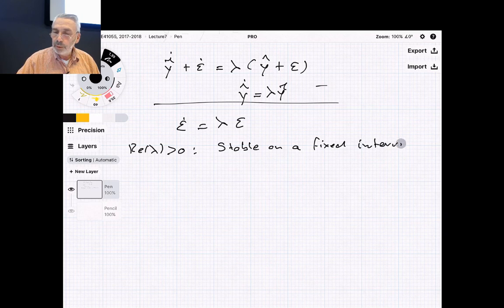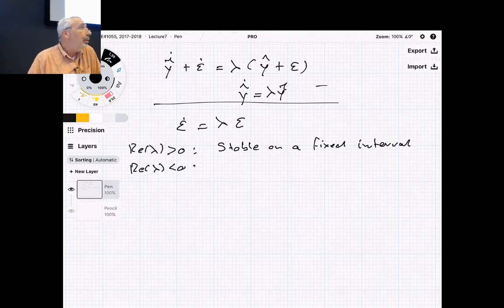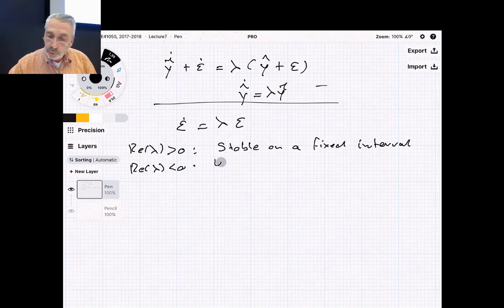If we have a finite time, then we have a finite value, a finite growth. However, if the real part is negative, then we say, well, it's unconditionally stable because everything will always die out. So we call it unconditional. There are no conditions. Unconditionally stable.